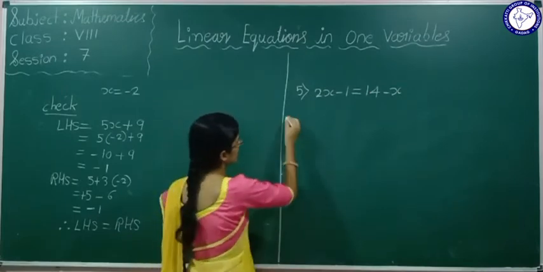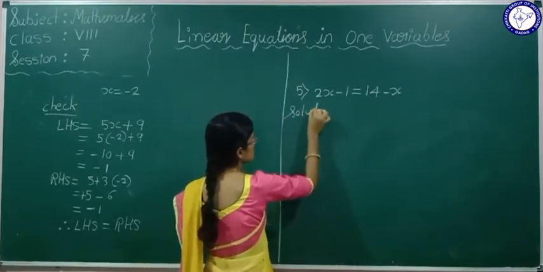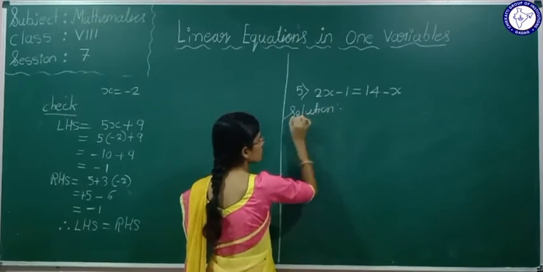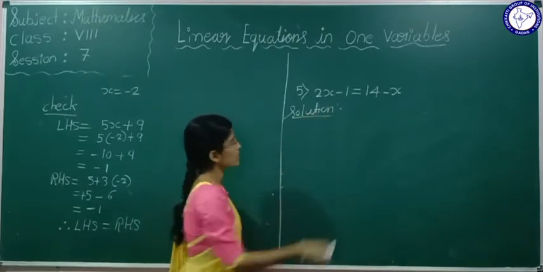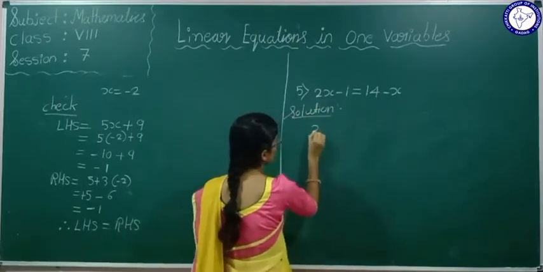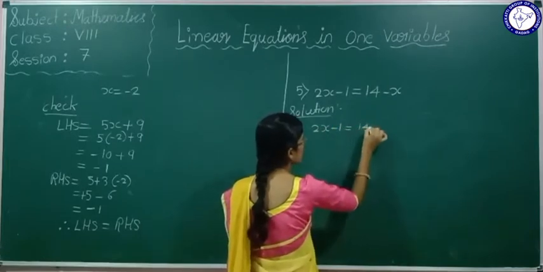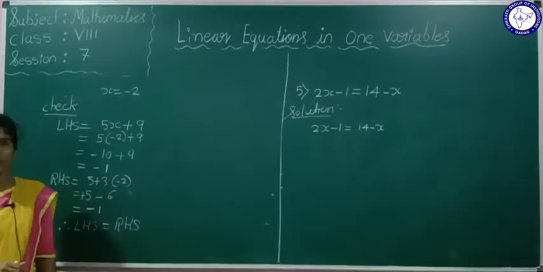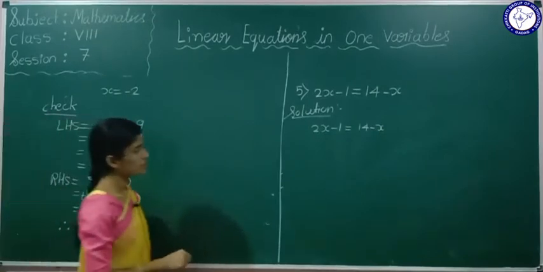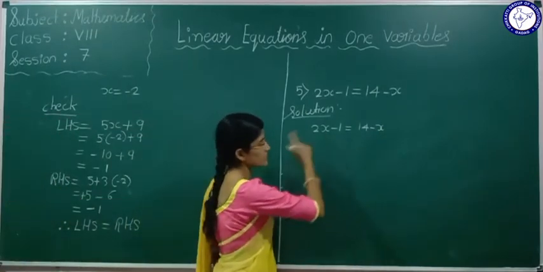Same thing what we had done now. Now see here, write the given thing. 2x minus 1 is equal to 14 minus x. This is the given thing.